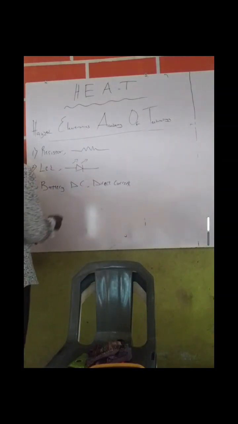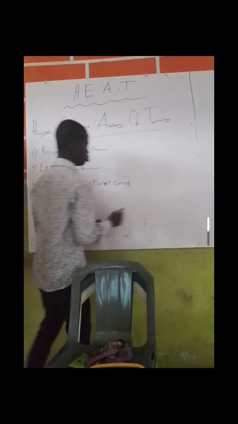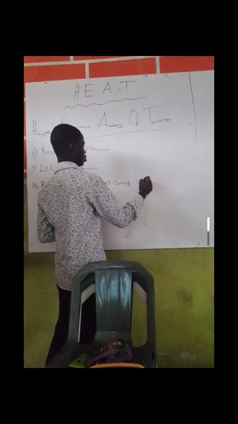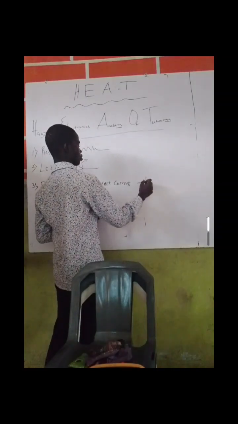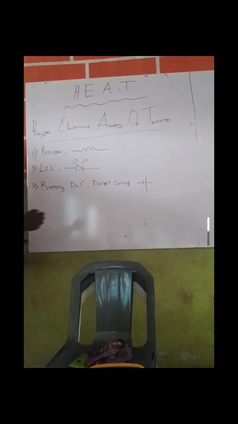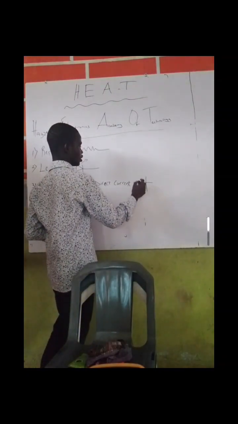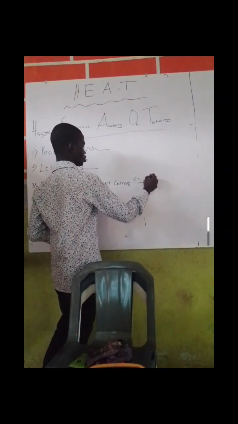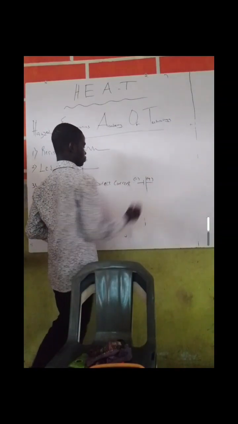This is a cell. In case next time you see something like this in a circuit diagram, this short leg means the minus, while this long leg means the plus. That is the meaning of those things.